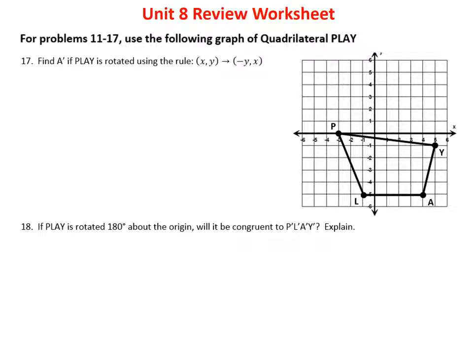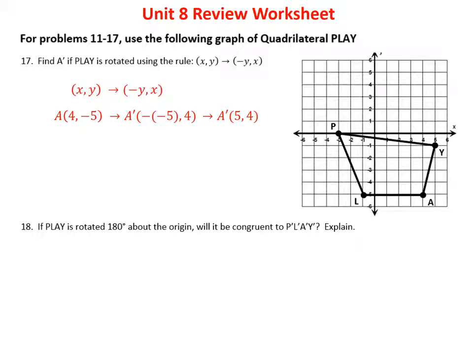Number 17 says find A prime if PLAY is rotated using this rule. In this case, using this rule, which is actually a 90-degree turn, I put in the point (4, -5), so we switch them around and we get (-5, 4), and then we take the opposite of the y, so minus -5, and we end up with (5, 4) as our answer.